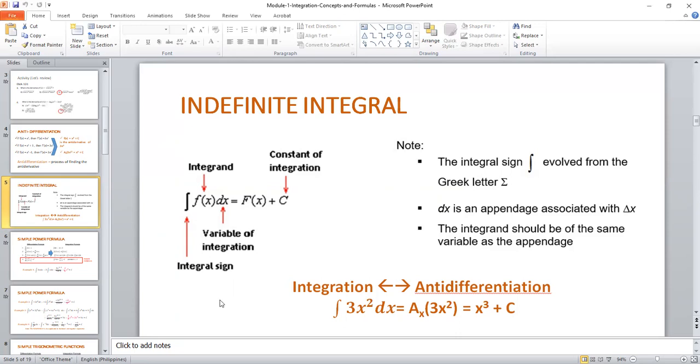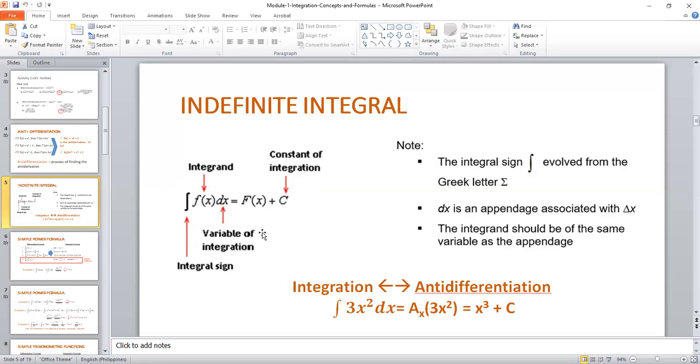If not, there's something wrong with what you are doing. So we call this the antiderivative. We call the process here integration. When you differentiate the antiderivative, you go back to the given function, which is here in your given integral. We call it the integrand, the given function of x.